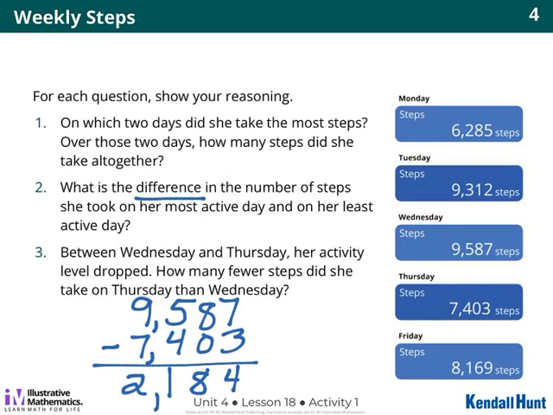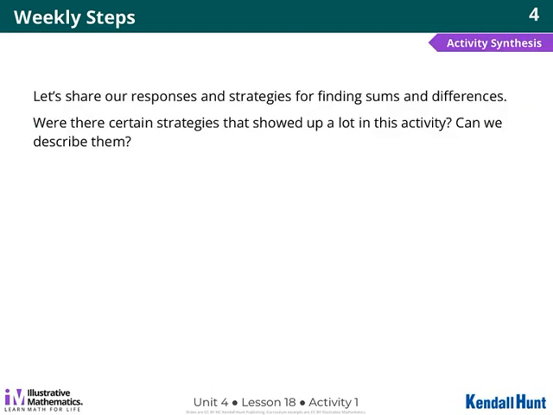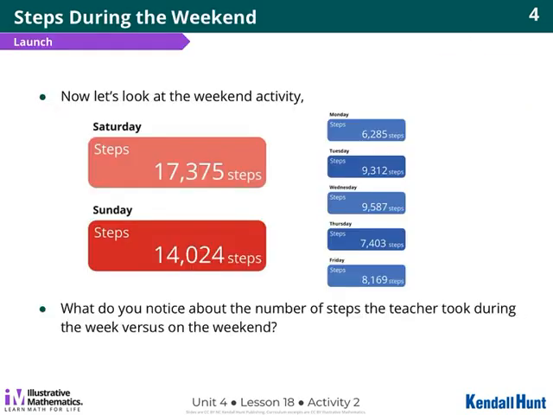Okay? It's going to be faster. It's going to be more accurate, especially as we get bigger numbers, and when you start doing algebra, you've got to be quick with your adding and subtracting. Okay? All right. That was our synthesis.